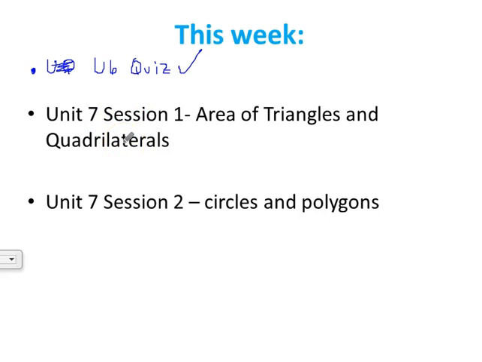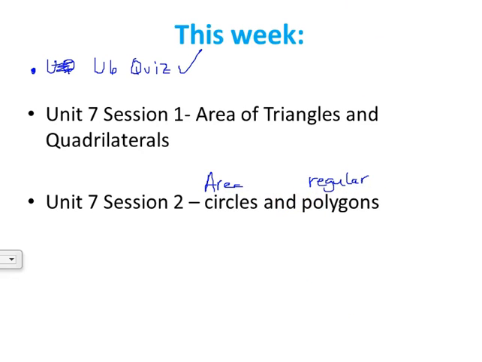And now we're going to be learning about Unit 7, Session 1, reviewing area of triangles and quadrilaterals. Unit 7, Session 1 is probably going to be a lot of review for you. And then in Unit 7, Session 2, we're going to be getting into finding the area of circles and regular polygons.